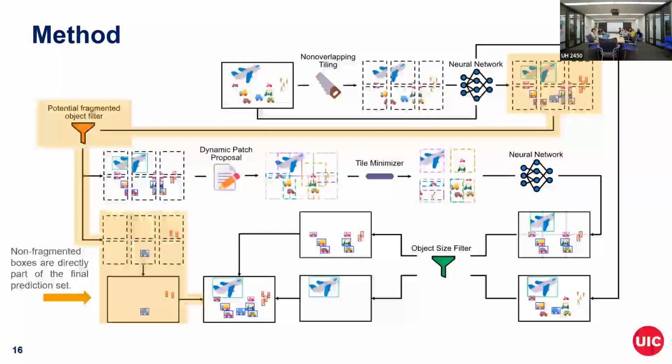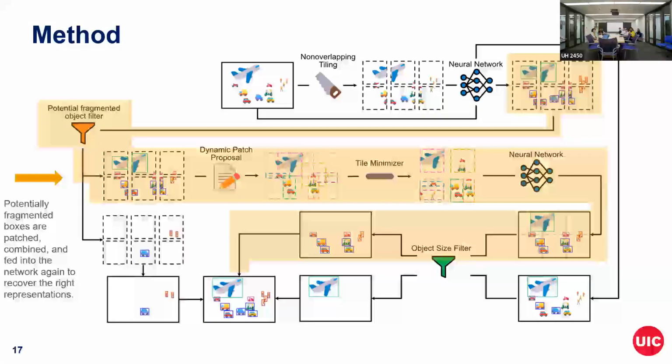After that, all of the center predictions of the batch get incorporated directly into the final prediction set because they are considered non-fragmented boxes.